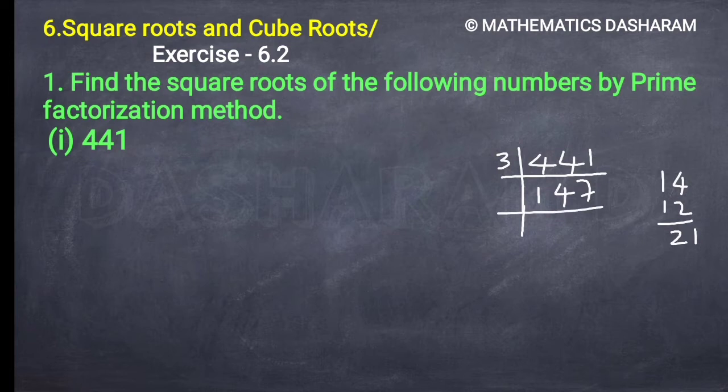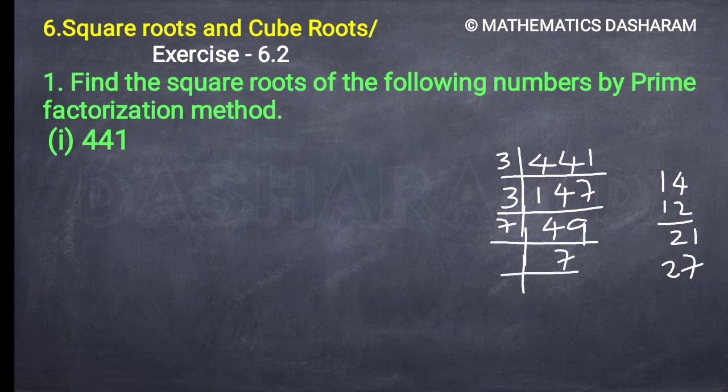Once again it is coming in the 3 table. 3 fours are 12, so 2 is the remainder, next digit is 7. 3 nines are 27. Next, 49 is not coming in the 3 table, so go for the next prime number, that is 5, but it is not coming in the 5 table, so the next prime number is 7. 7 sevens are 49, so 7 ones are 7.